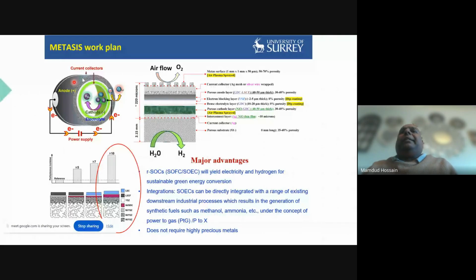So from the standard design, we come up with a quite innovative design based on a tubular support and restructuring this cathode, electrolyte and anode layer into different multiple layers with multiple porosity adjustment and also thickness arrangement. The objective is to make this very thin compared to substrate, so we can have less electrical resistance in the system.